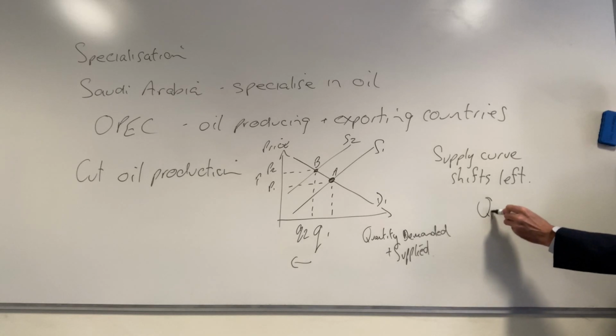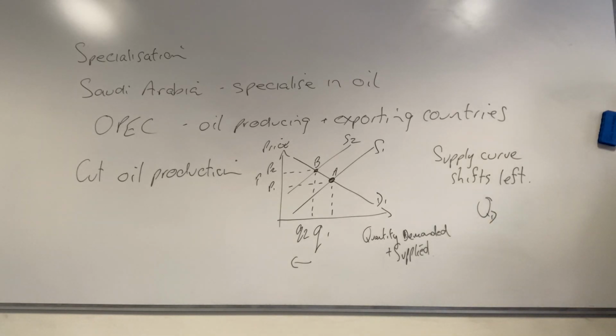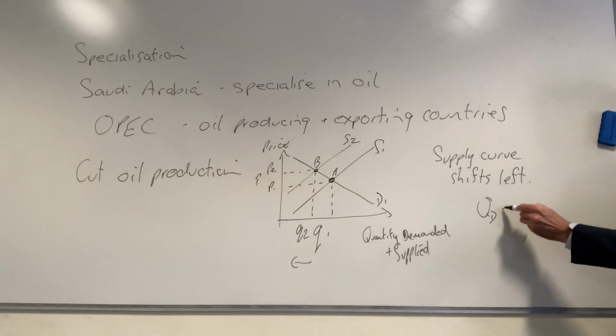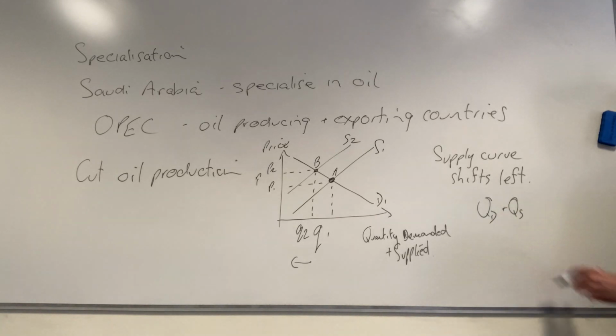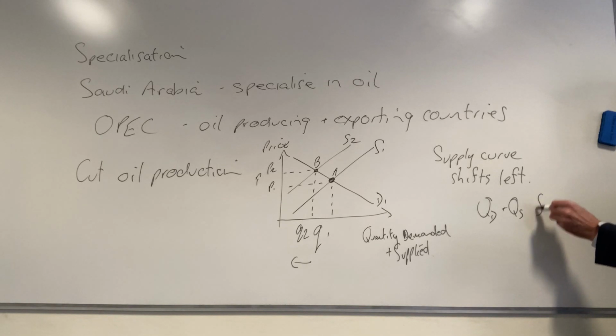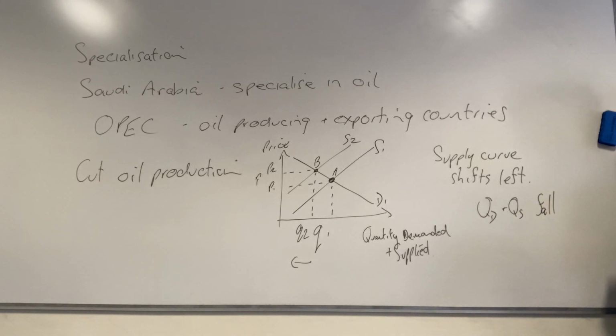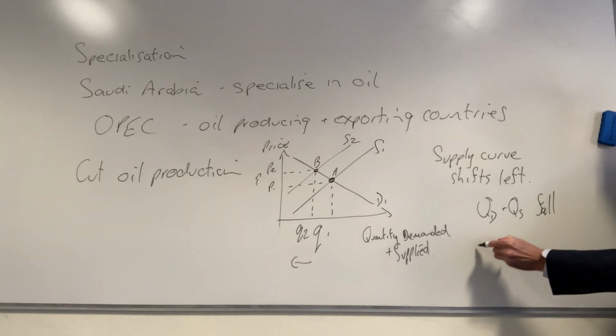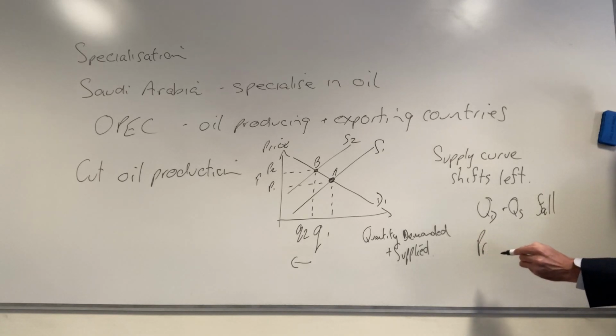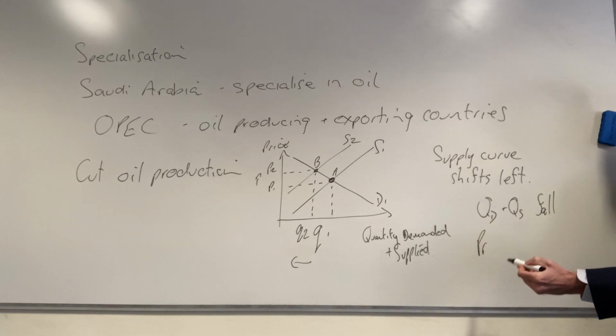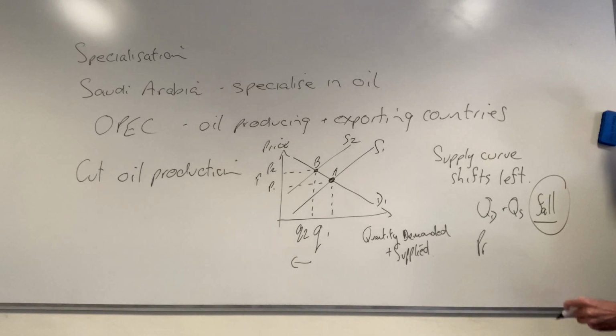So, say QD, what does QD stand for, Ahmad? Quantity demand, thank you. So you can say QD and QS, quantity supplied, fall. And as a consequence, so that's what Saudi Arabia said we want to happen. They want it to fall, so that's good.